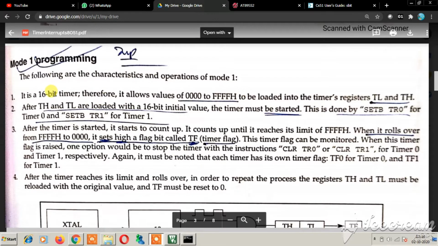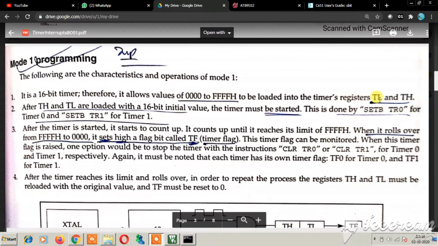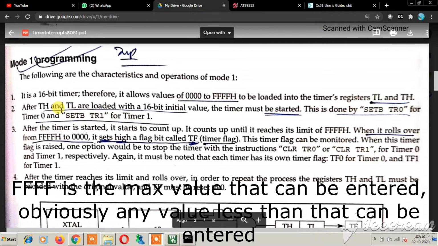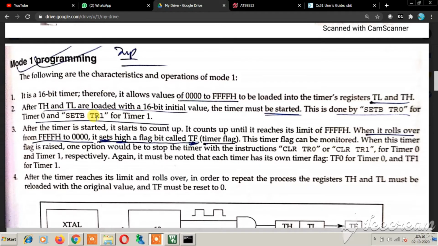In mode 1 programming, this is a 16-bit timer, so it allows values from 0000 to FFFF hex into the timer registers TL and TH. TH and TL should be loaded with the initial value, and then the timer should be started by setting TR1 for timer 1 or TR0 for timer 0.